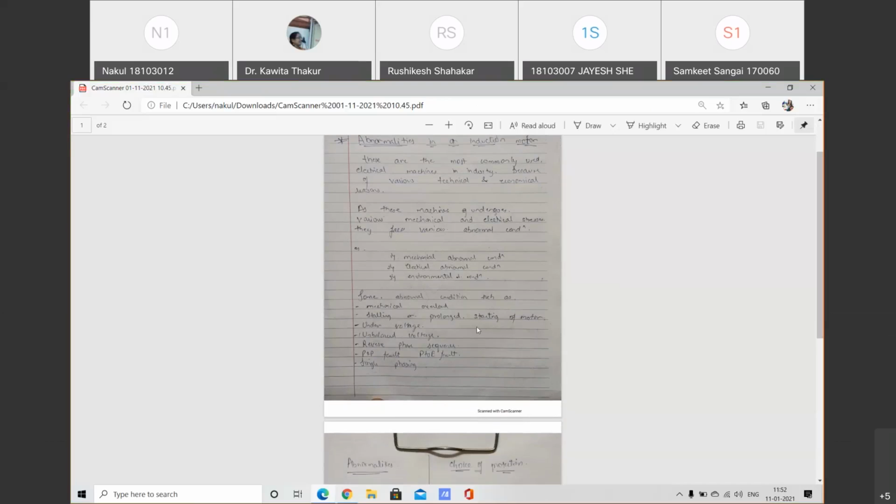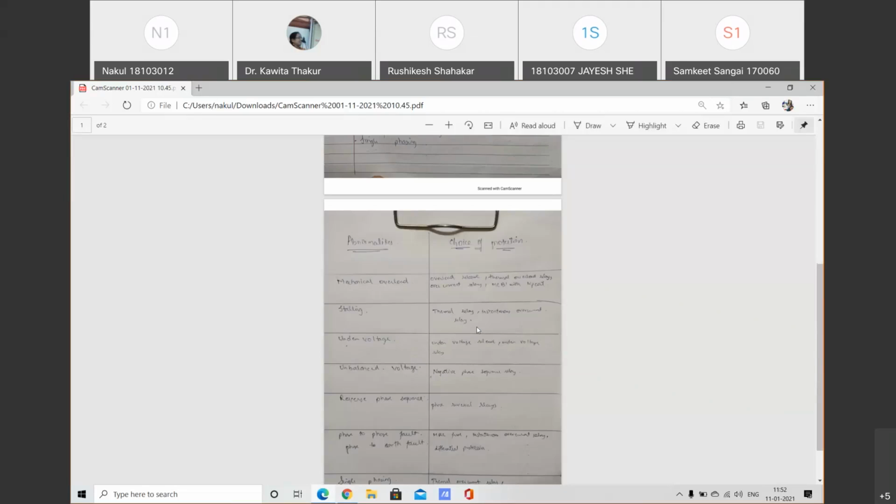That's why it faces various mechanical and electrical stresses, which lead to abnormal conditions such as mechanical, electrical and environmental. Some of the abnormal conditions are mechanical overloads, stalling, which is prolonged starting of the motor, under voltage, unbalanced voltage, reverse phase sequence, phase to phase fault, phase to earth fault, and single phasing.